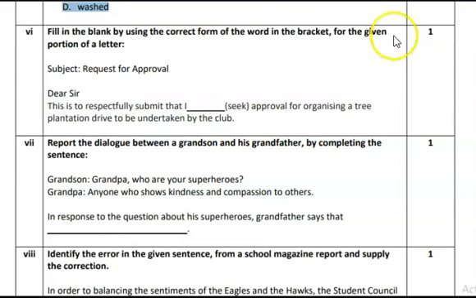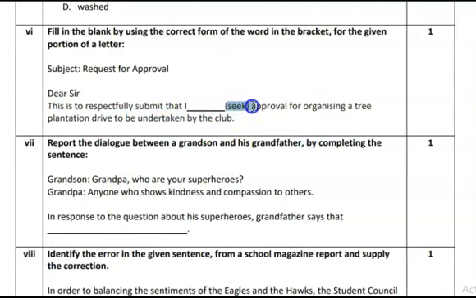Now, you have to write the correct form of the verb seek given within the brackets. Your clue word is this: "This is to respectfully submit." And because this main clause refers to present time, the form of the tense will be present. So "seek" will be the right answer.